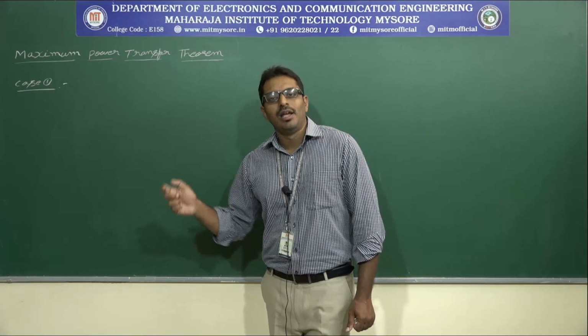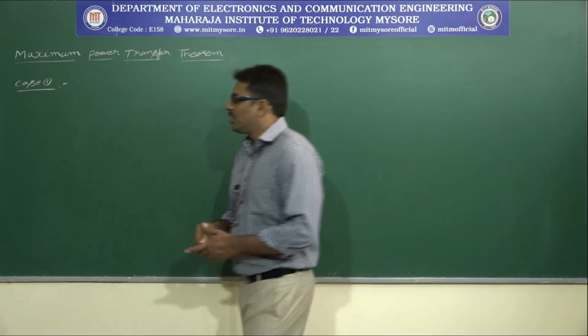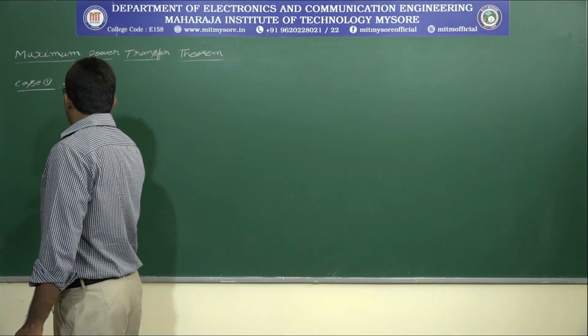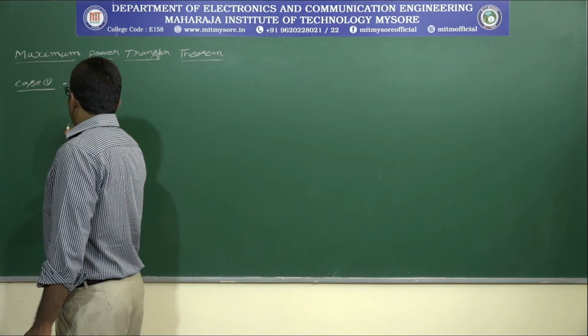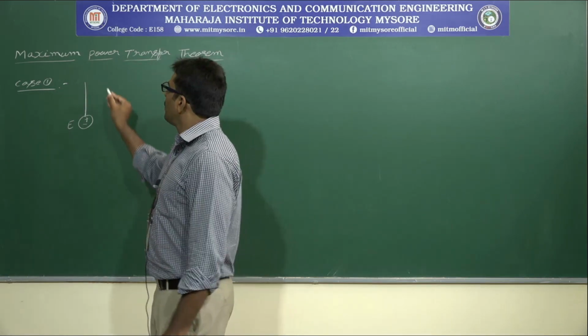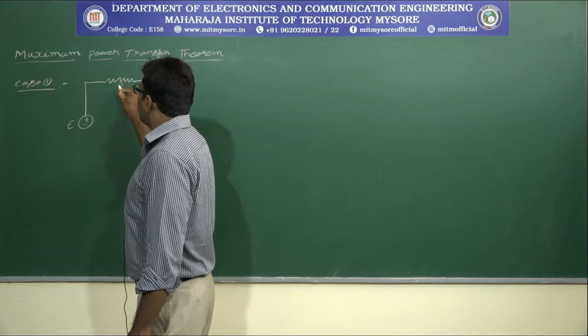I will explain why I am considering variable load resistance. First, I would like to write the circuit. First, the DC source, whose value is represented by E, with an internal resistance R0.